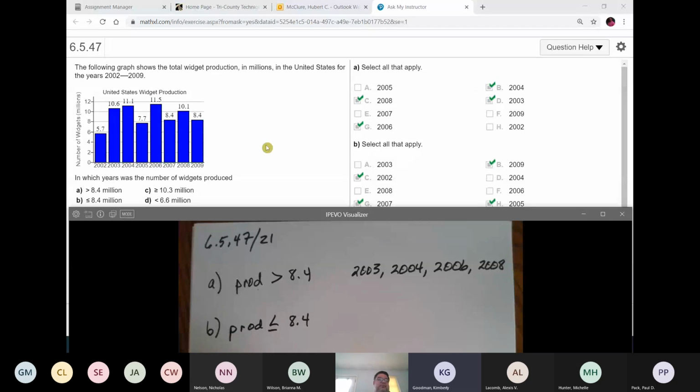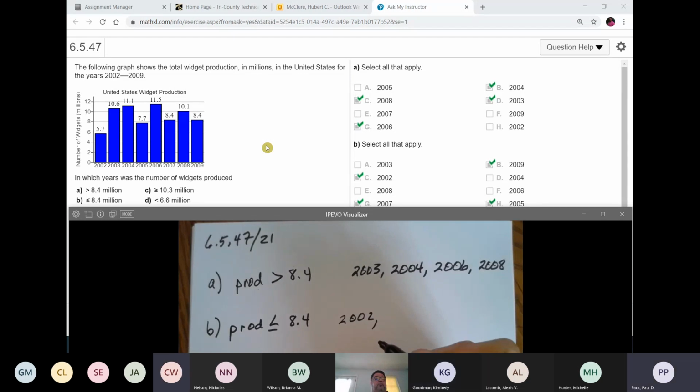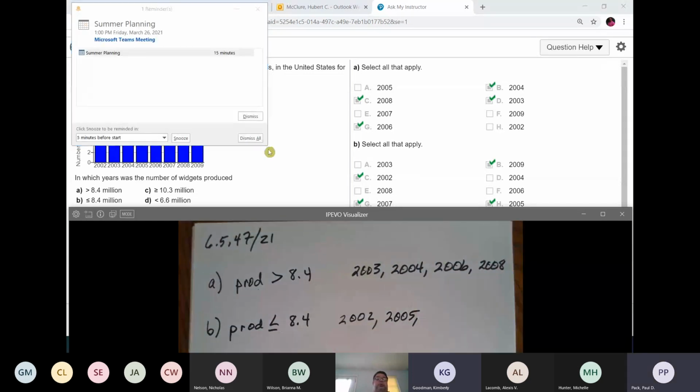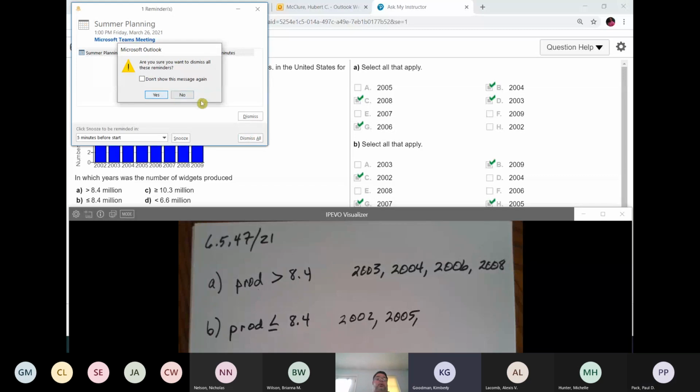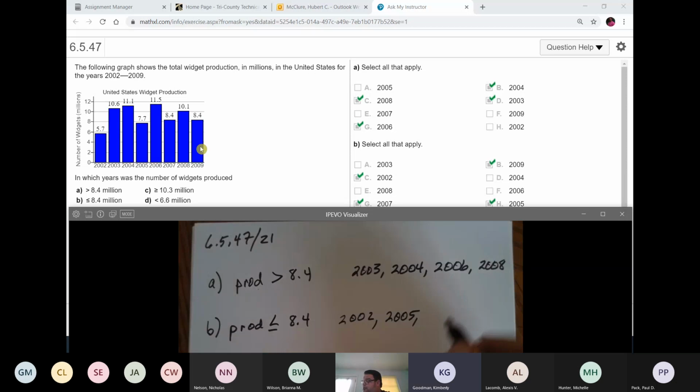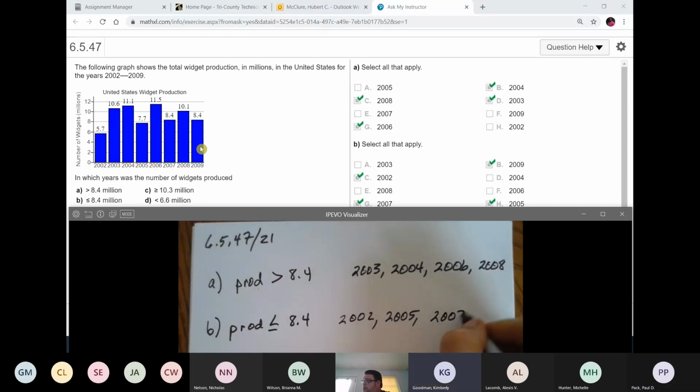Which numbers are less than or equal to 8.4? 2002, good. What else? 2005. 2007. 2009.